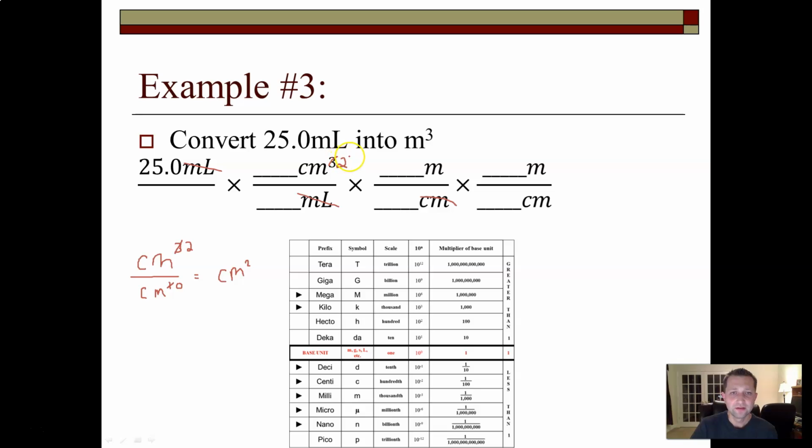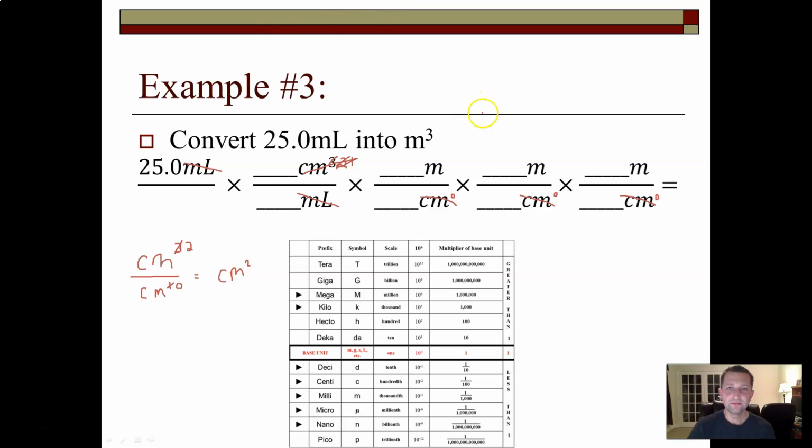All right? So now we're down to centimeters to the first, and that cancels out. These are really centimeters to the 0, which is just 1. Do it again. Cancel out centimeters. Now we're fully canceled out. And go to meters.